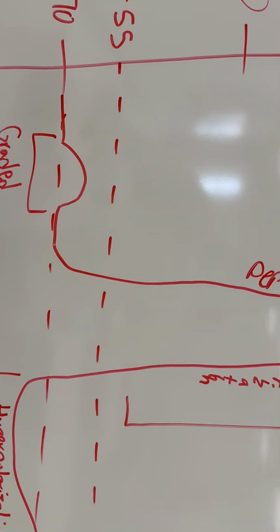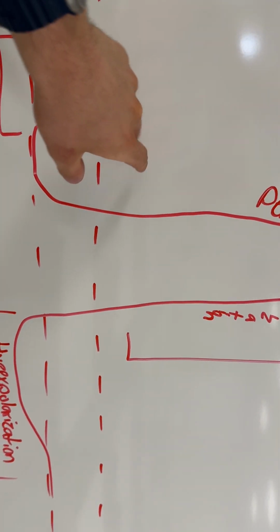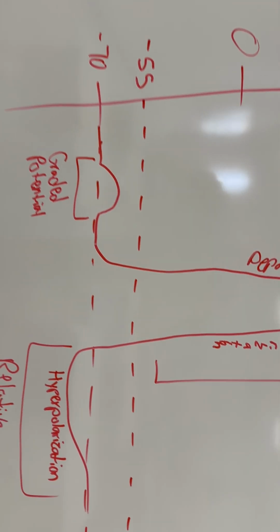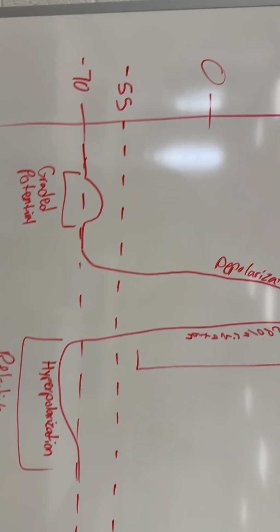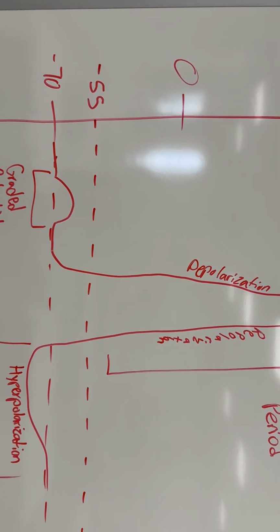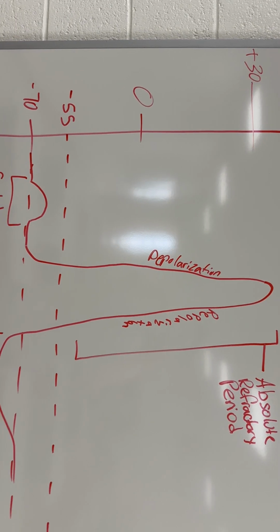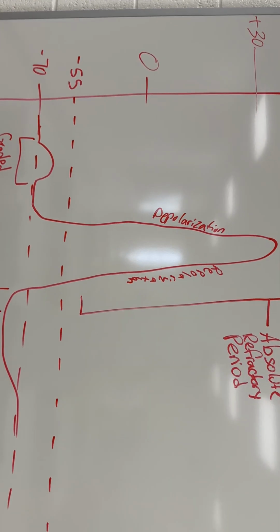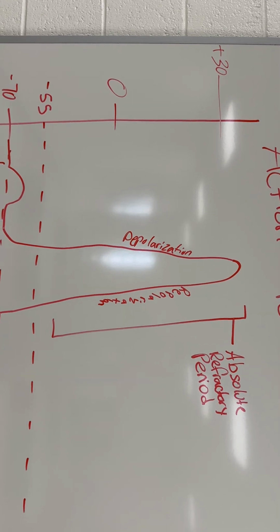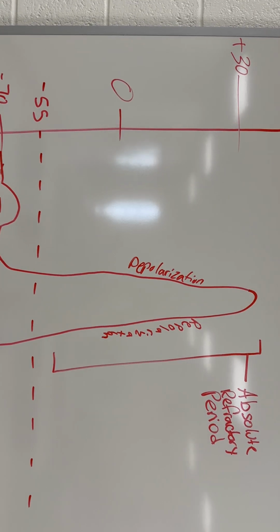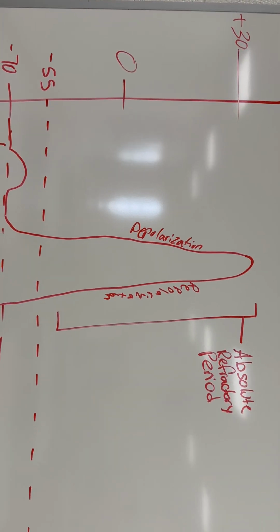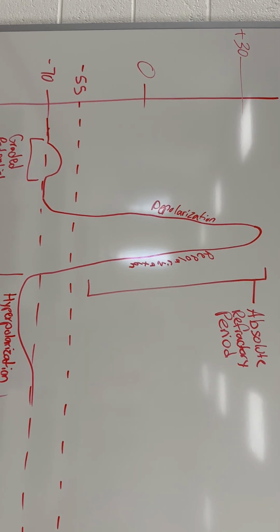Once we cross that threshold, voltage-gated sodium channels that are sensitive to this change are going to open up for just a moment, just a millisecond or so. And we're going to have an influx of sodium ions that's going to rapidly depolarize the cell resting membrane potential.